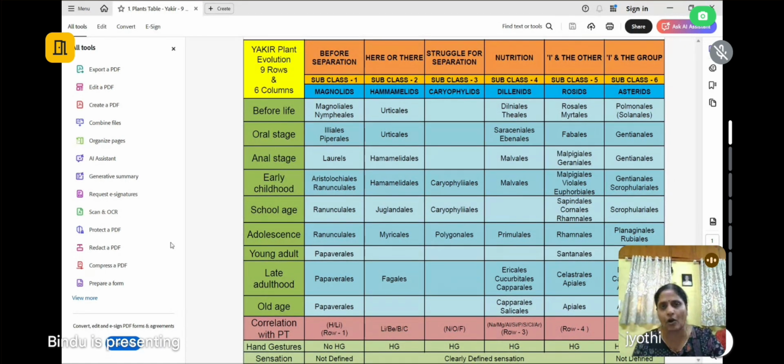We'll go to the third column, Caryophyllidae. This is the stage where the fetus is coming out of the womb. Sensation will be small and big, up and down, because it is falling down, no? You see all those up and down symptoms. In this column, we have Aconitum lupinum. There is one case by Acker in that book. A 15-year-old boy comes with a case of ADHD.